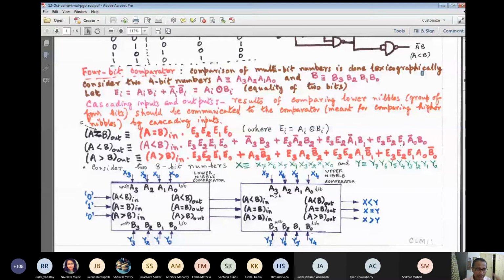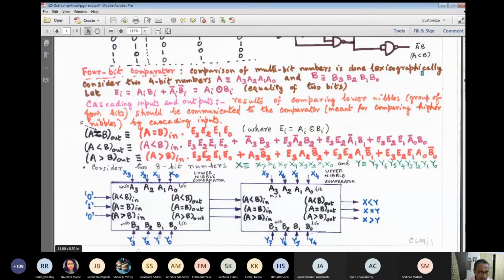Actually, here it is A3 B3 bar in place of A3 bar B3. That means if I have to find out whether word A overall is greater than word B, if this condition holds good, fine. Otherwise, I have to check whether A3 is greater than B3. That means if A3 is 1 and B3 is 0, that is A3 B3 bar. If it is true, I can immediately say the word A is greater than word B.